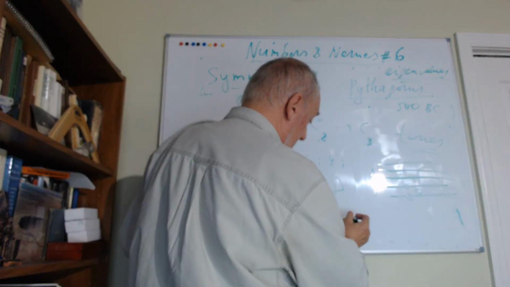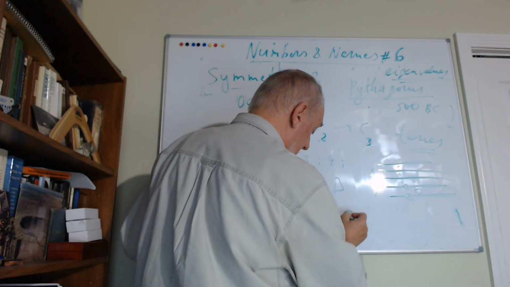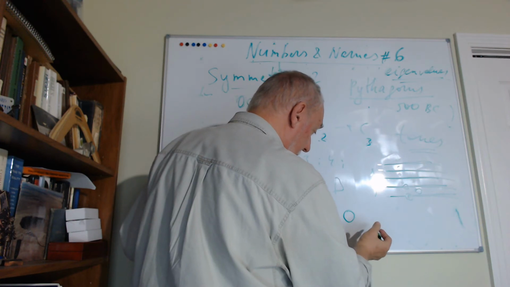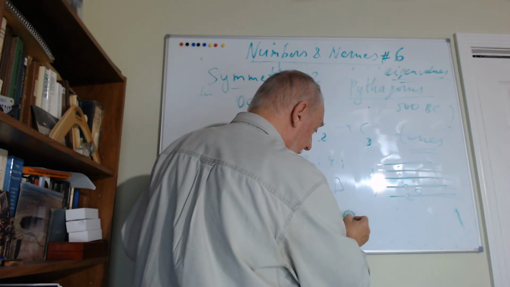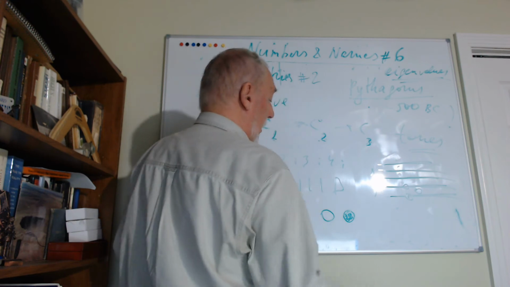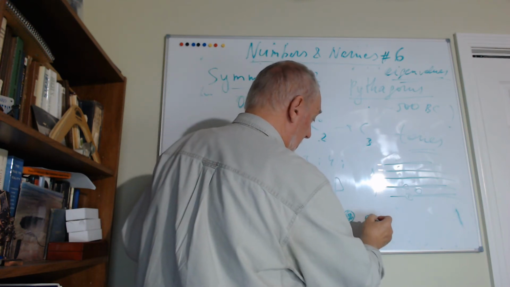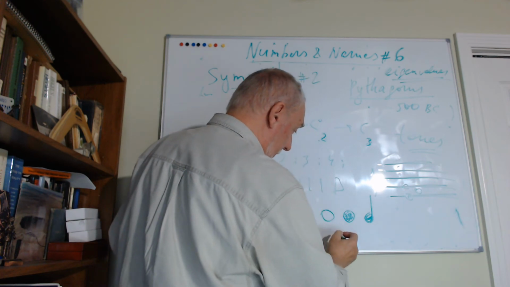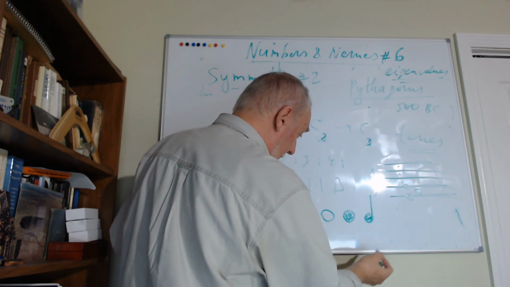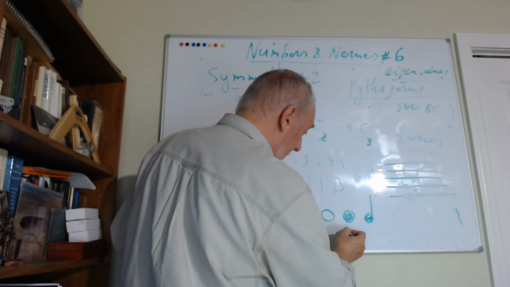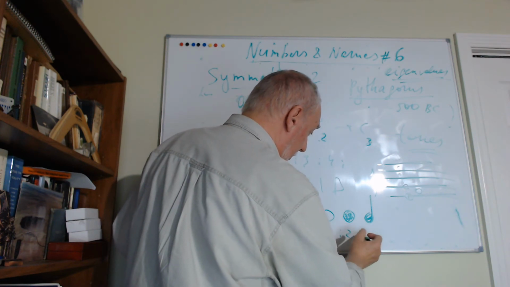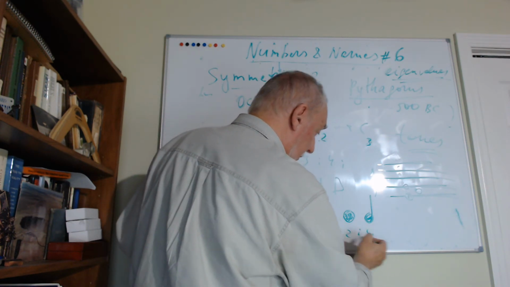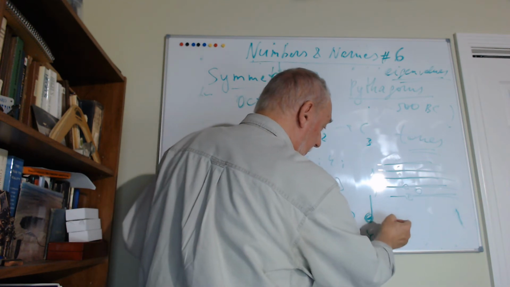Then there is a half note and a quarter note. Like this, right? That's a half. That's a quarter. So this is 1. This is divided by 2. This is divided by 2 again. So it's 4.